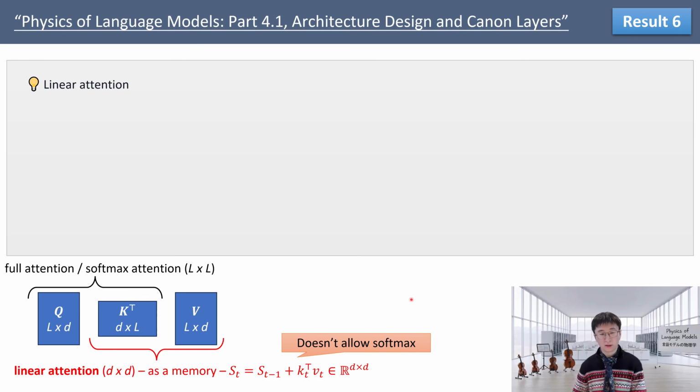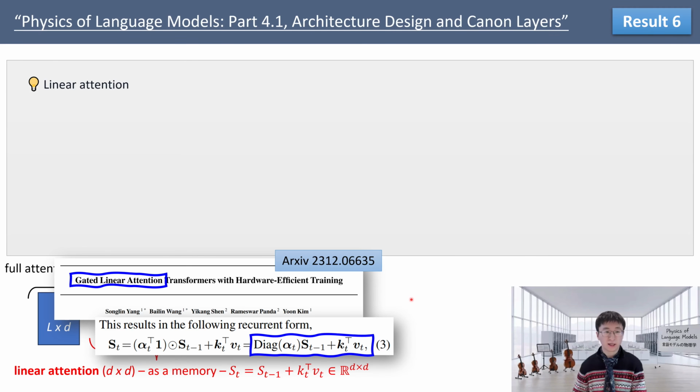But there's a recent kind of upgrade of linear attention, the so-called gated linear attention, like joint work from MIT and IBM research. So they introduced the following, that is, instead of doing this, which is always adding things to your memory, they also allow you to be a little bit forgetful on your memory.